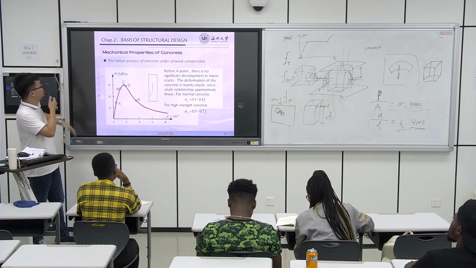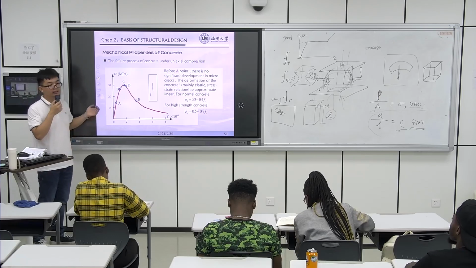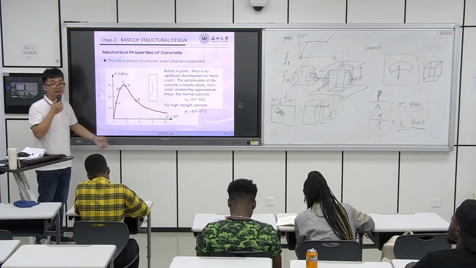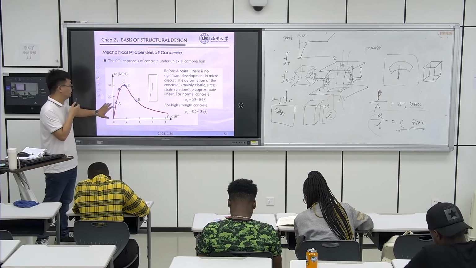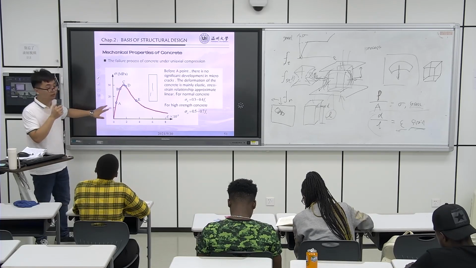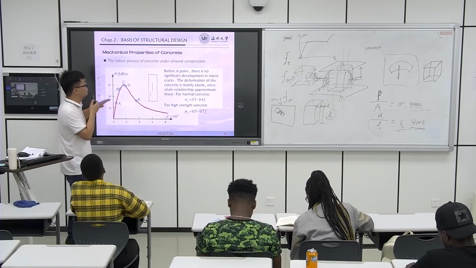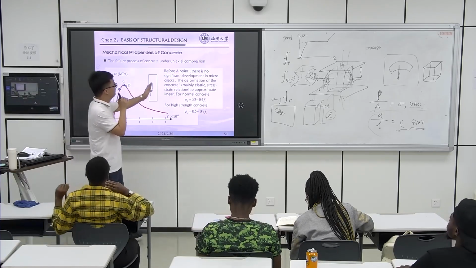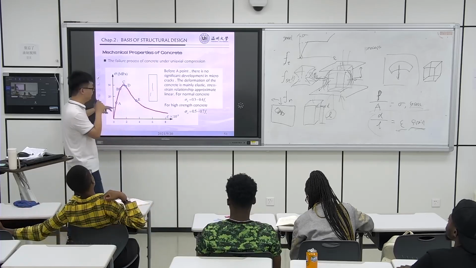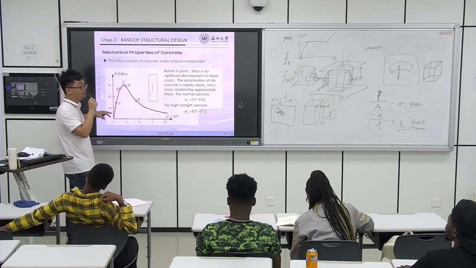Yes, here we explain this curve in detail, because now we know 0 to 8 is the elastic stage. Look at the words here: before point A, they belong to the first stage, right?